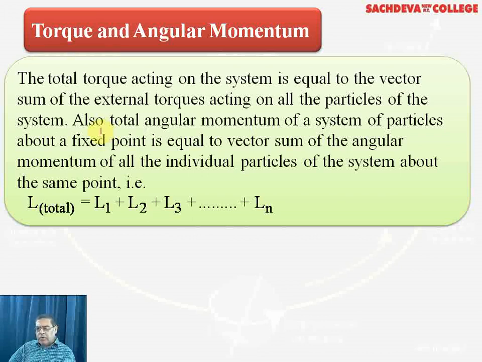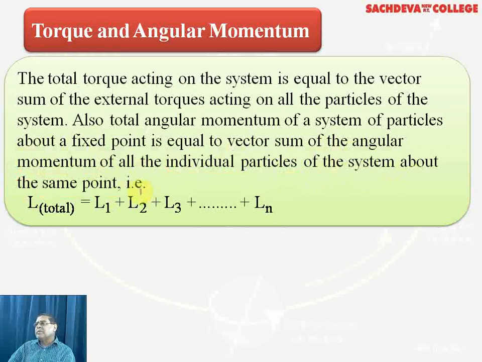Also, the total angular momentum of a system of particles about a fixed point is equal to the vector sum of angular momenta of all the individual particles of the system about the same point.